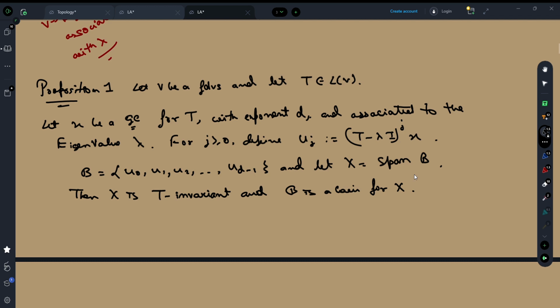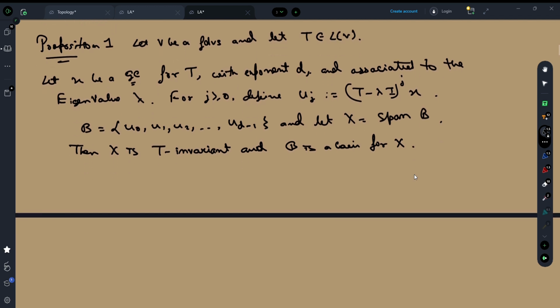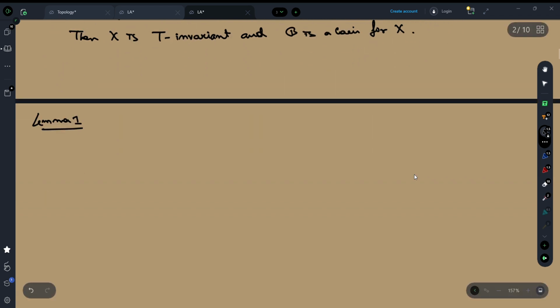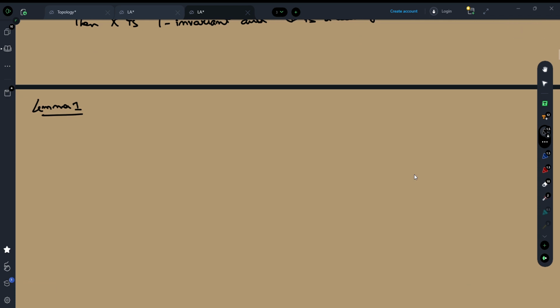Okay. So we need to prove it, but proving it requires that we discuss another lemma along with this proposition. We name this as lemma 1. What does this lemma say? With uj defined as in proposition 1, let y be a non-trivial linear combination of these uj's starting from uj, so fixing some index j.